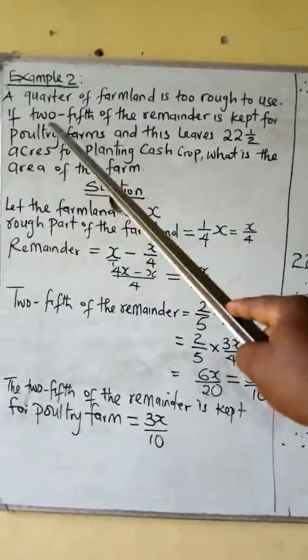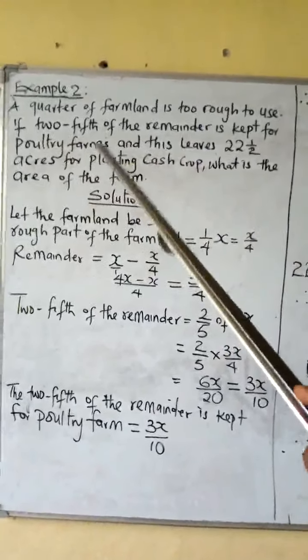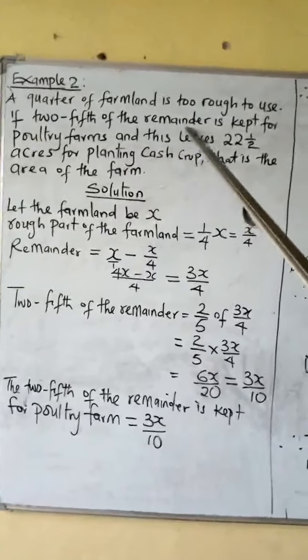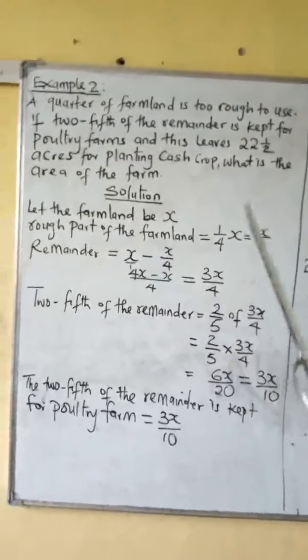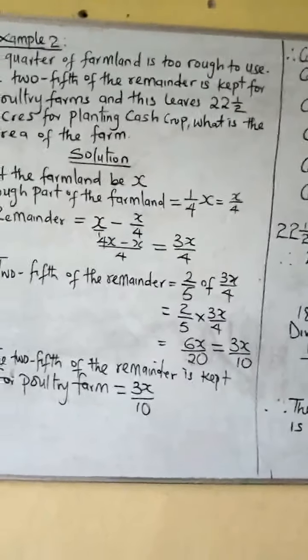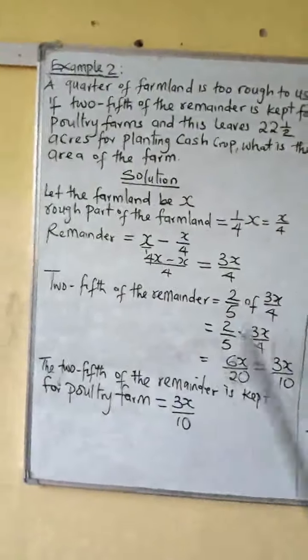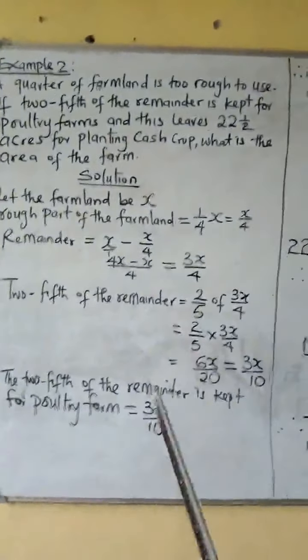We have some portion that is kept for poultry farm. That portion is the remainder. So how do we get the remainder? If you have a farmland and we have some part that is rough, how do we get the one that is good? Remove the portion that is rough from the farmland. It will give you the portion that is good.